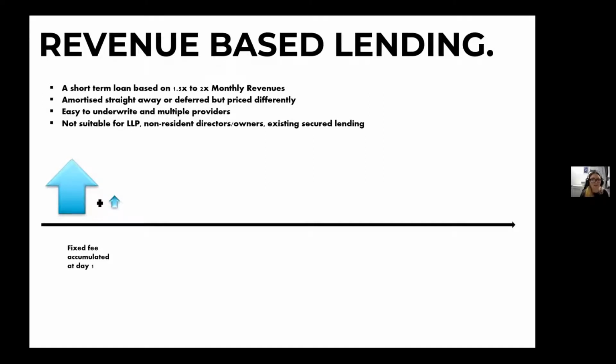And I've seen up close a number of the providers in the market. Obviously, I'm very aware of this because I'm bringing something that is competing with revenue-based lending. So naturally, I know quite a lot about it, the intricacies of the product itself. So it's amortized straight away, or is deferred, but it's priced differently. So be very careful whenever you're considering this, because if you need that buffer in the same way you wanted with venture debt, you're probably going to be punished for it.